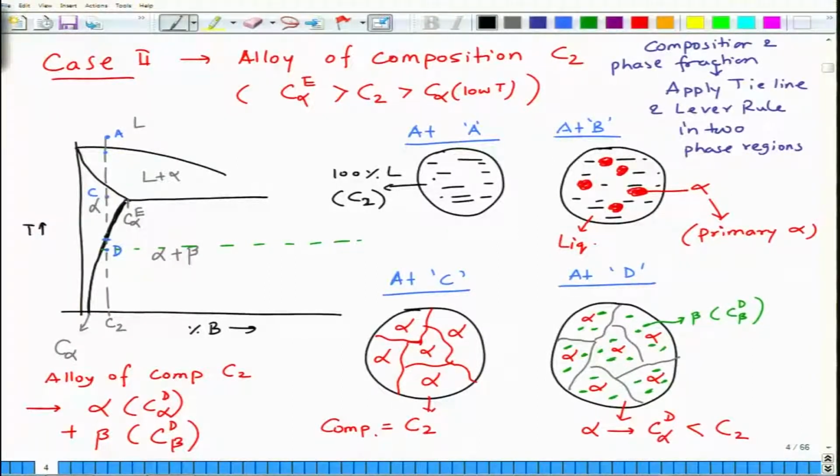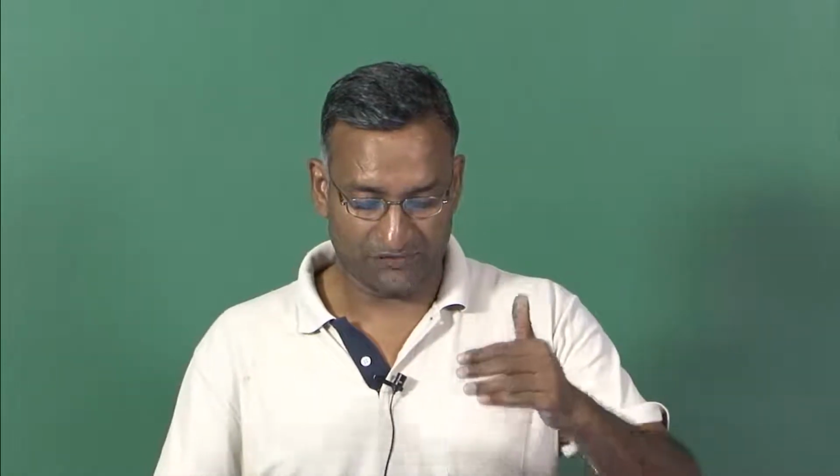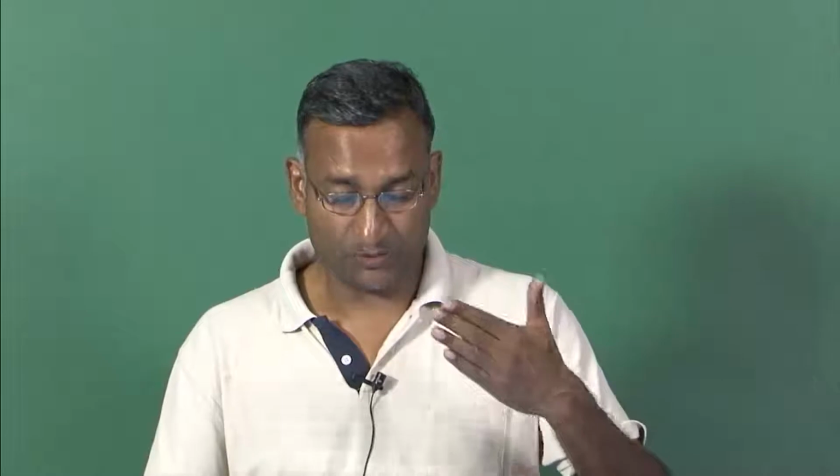So, within the solid state itself, at point C, it is 100% alpha when you are in the only alpha region, but as you decrease the temperature, the solid solubility of B in A goes down, which means alpha becomes leaner or thinner in B, and as a result the composition of alpha becomes more A rich and it loses B out in the form of beta, and hence at point D you form a mixture of alpha and beta, in which proportion of alpha decreases, proportion of beta increases as you decrease the temperature further.